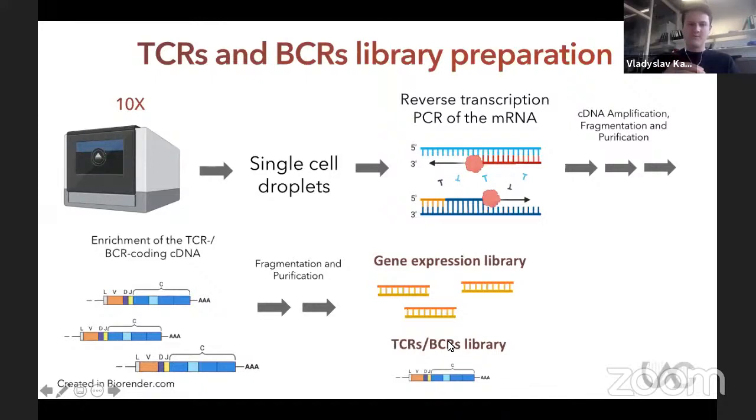So this is the same messenger RNA related principle that just comes on top by enriching the cDNA that is coding the TCRs and BCRs. So just a little modification, but this little modification can give you a lot of information in terms of immunology. Afterwards, you sequence your information and you can start with the bioinformatics analysis.